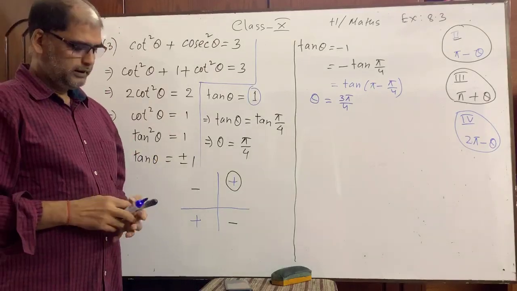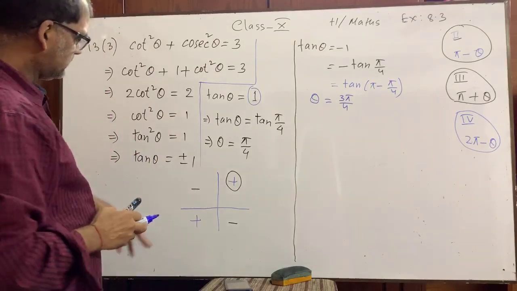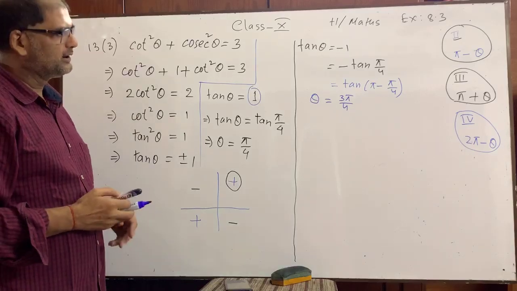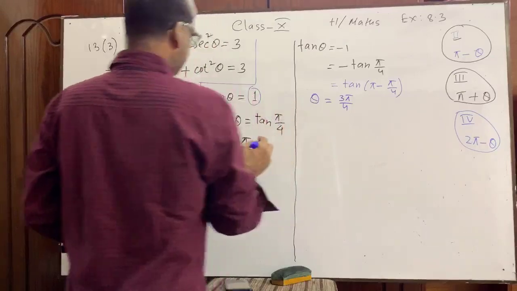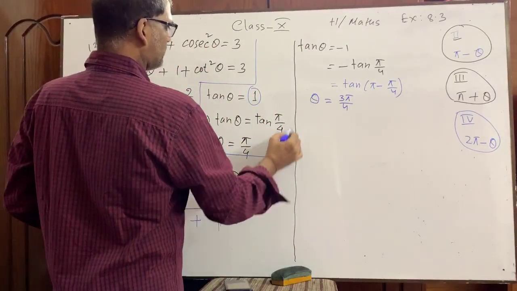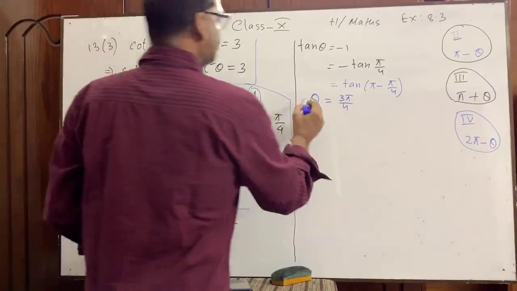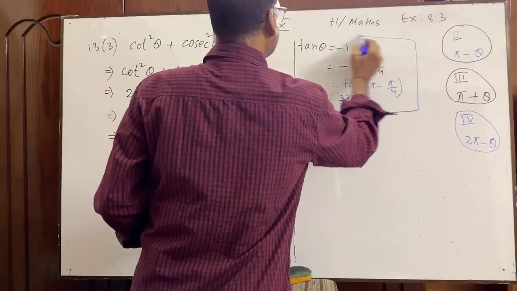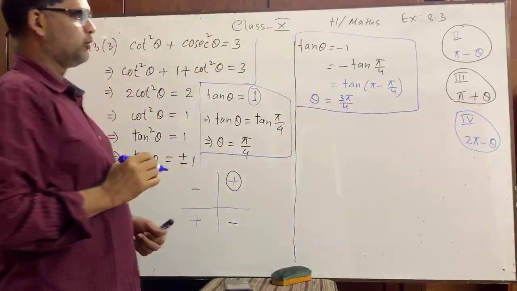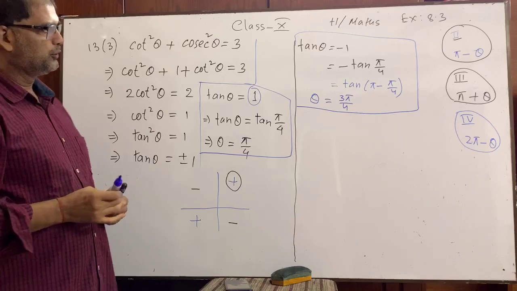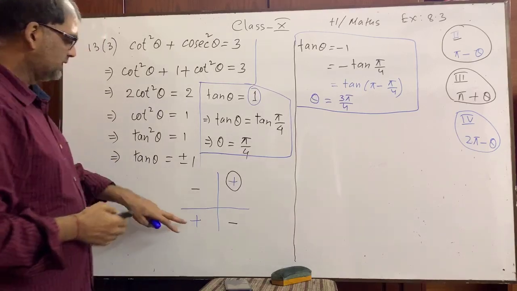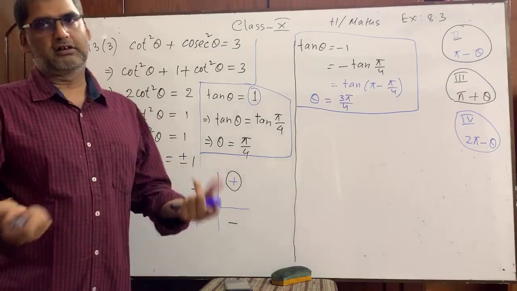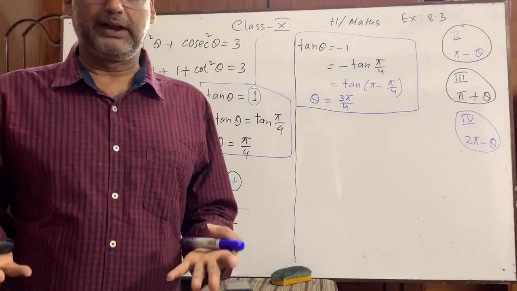Okay. Now I will go to the third quadrant where tan theta is positive. Here this is the first quadrant and this is the second quadrant. Okay, second quadrant. Now I am going to the third quadrant. In the third quadrant, tan theta is positive, right?